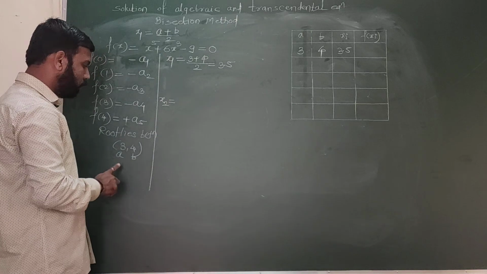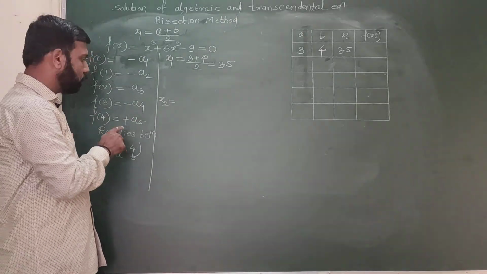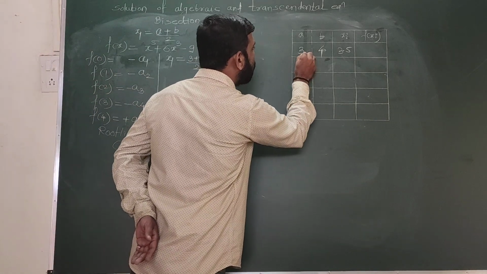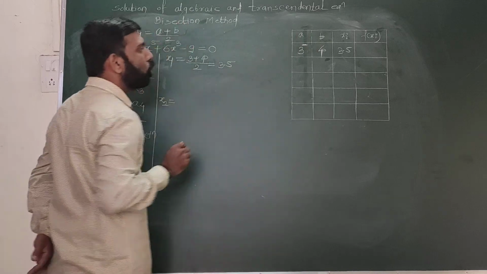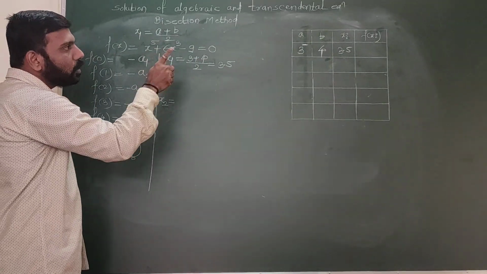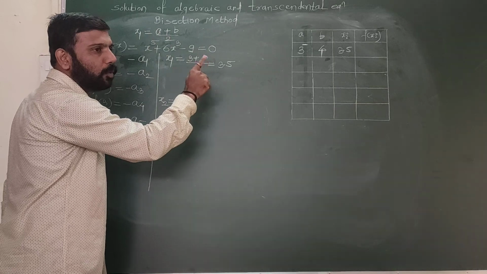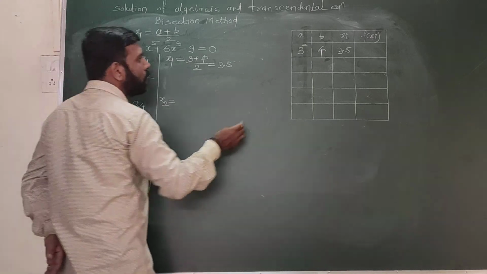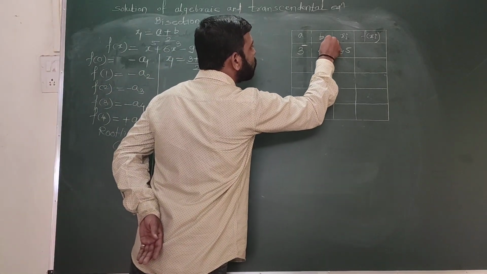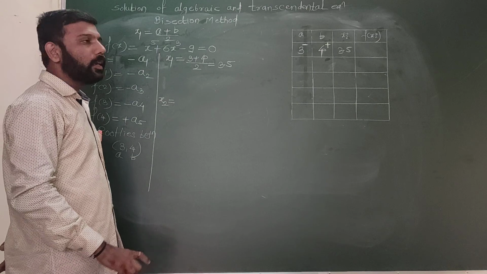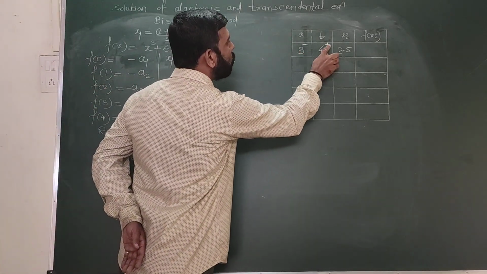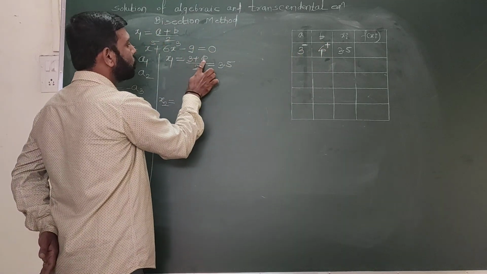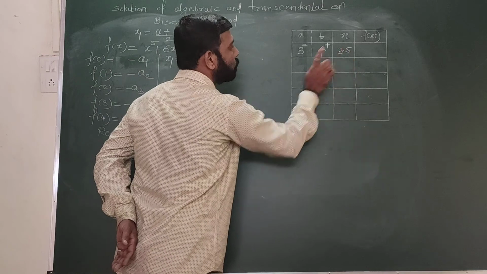For that discussion, we are putting a symbol here. The symbol of f of 3 is minus, and that minus we are giving on top of that number. That minus is only a symbol, it is not a sign. The symbol of f of 4 is plus, and we conclude the interval has opposite signs, so we take these two numbers, and x1 becomes 3.5.